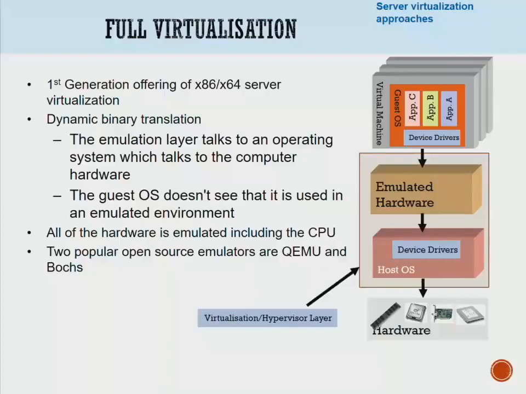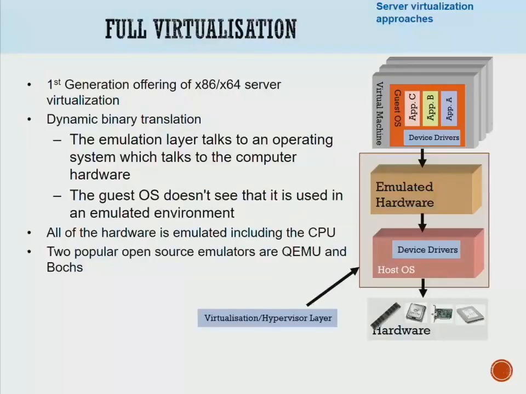So coming back to full virtualization, as I said, this dynamic translation happens inside the hypervisor. So if you get some instructions from your higher level operating system which are not supported by the underlying hardware, it does emulation of that hardware or converts those instructions to the format which can be executed on that hardware.